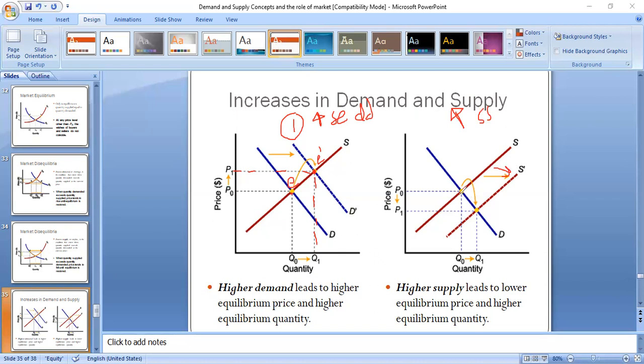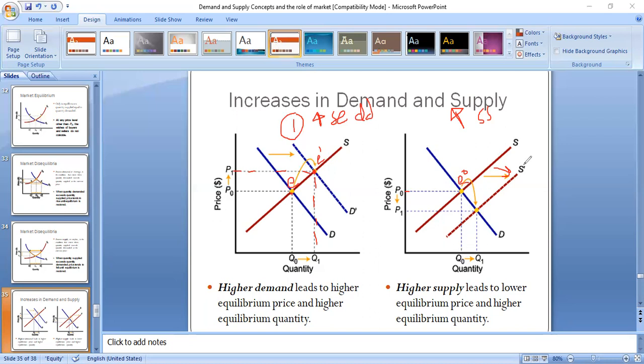So when the supply curve shifts outwards, initially if we had an equilibrium E naught, it is the point where the initial demand curve, this blue curve, meets the initial supply curve. It will generate an equilibrium price P naught and equilibrium quantity Q naught.